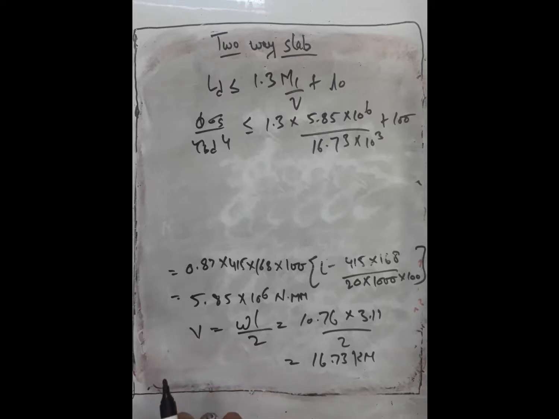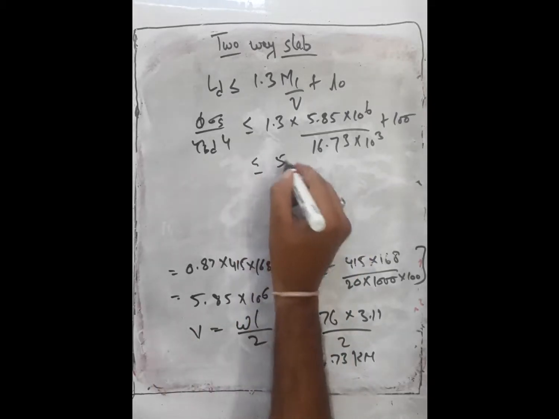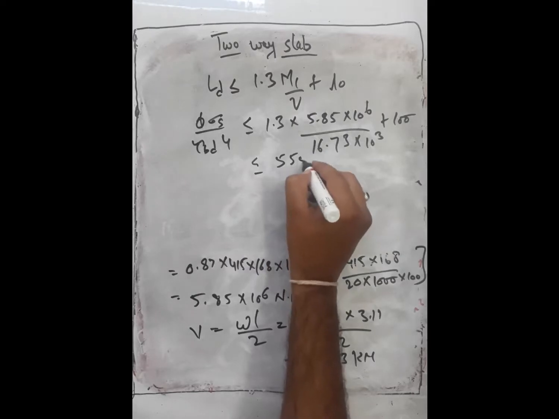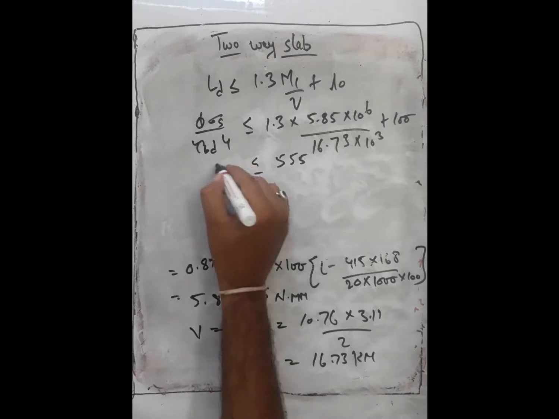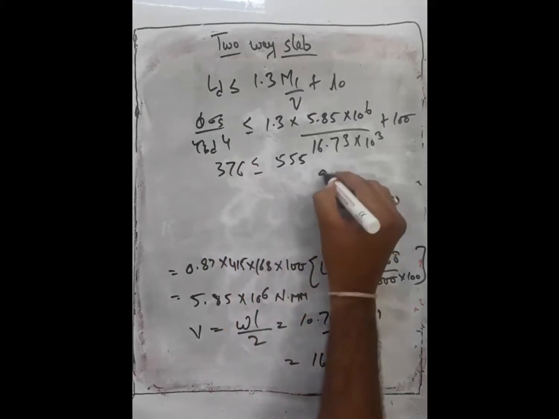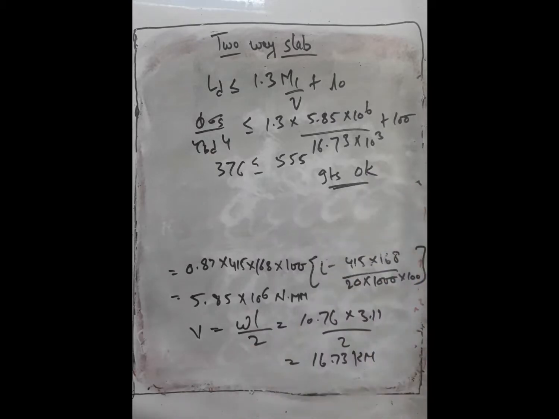L naught we have taken as 100. So after solving this, you get 555. Okay, and the LD value is 376, which is less than that, so it is safe. So it's okay.